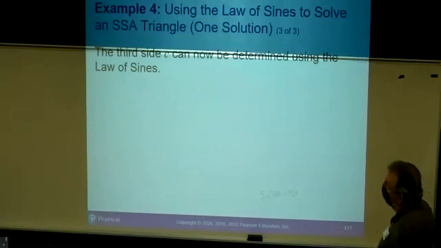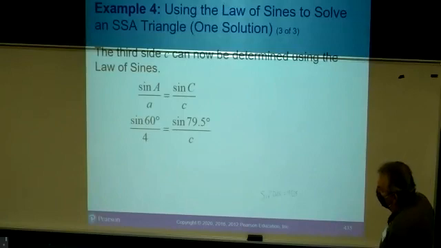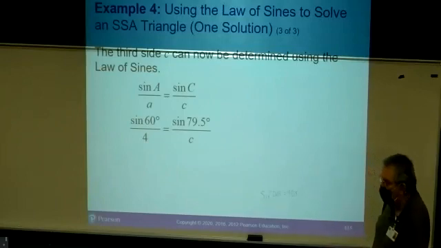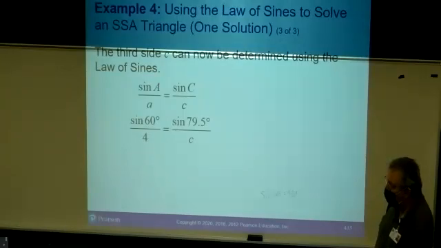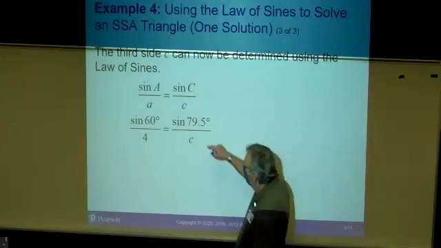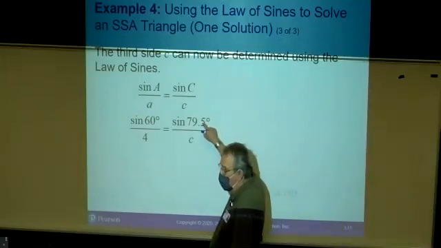And then we start dealing with finding the third side. So sine of 60 over 4 equals the sine of 79.5 over C. That's not clear to me. Go back a little bit. To where? The sine of C. How did you find that?